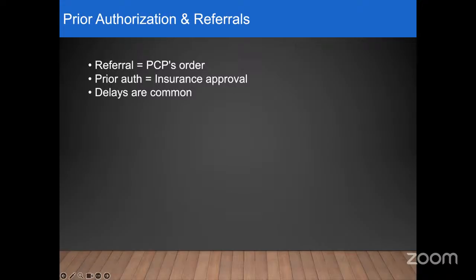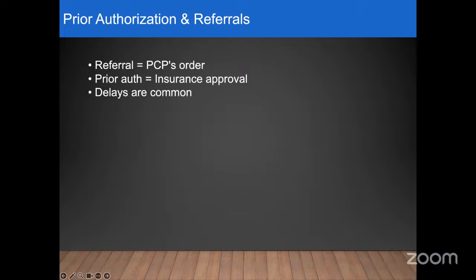So in most of the insurance plans that we just discussed, you need a referral from your PCP to see a specialist. Additionally, some services like expensive tests or expensive treatments like biologic treatments need prior authorization from your insurance company before they can be done.